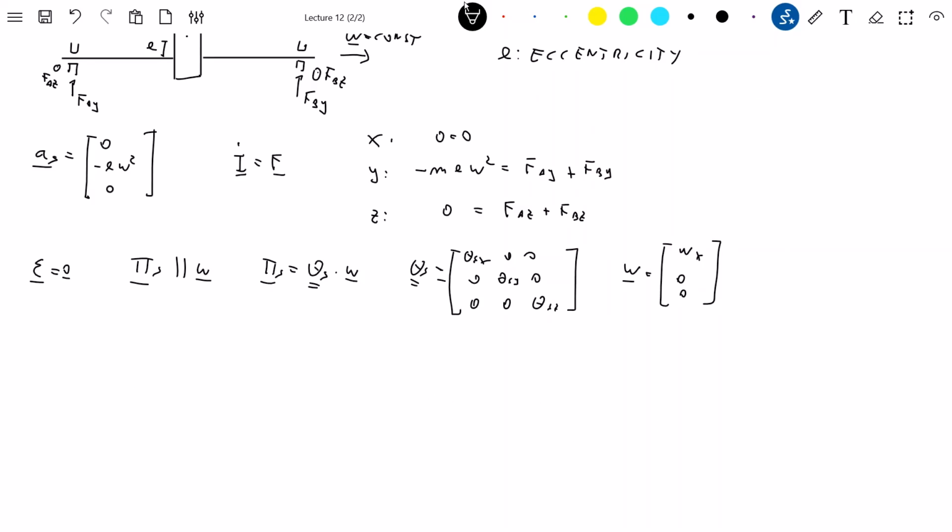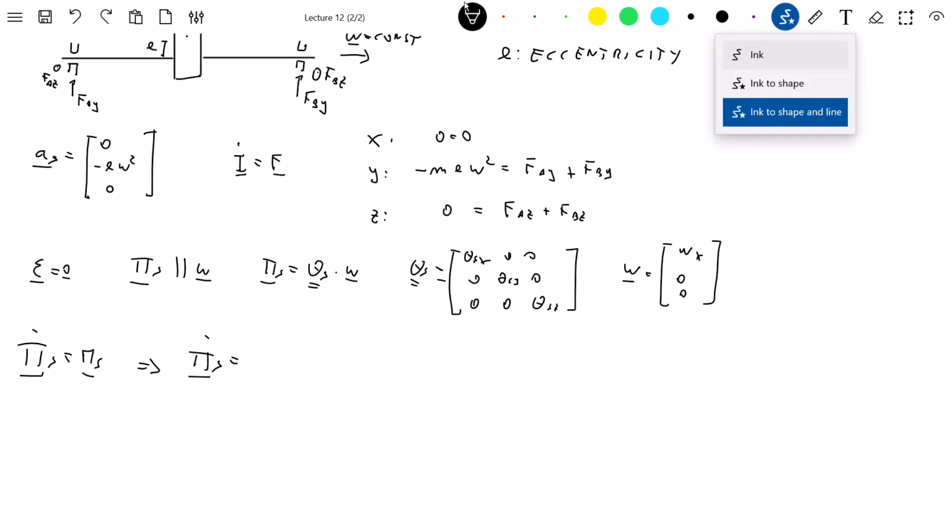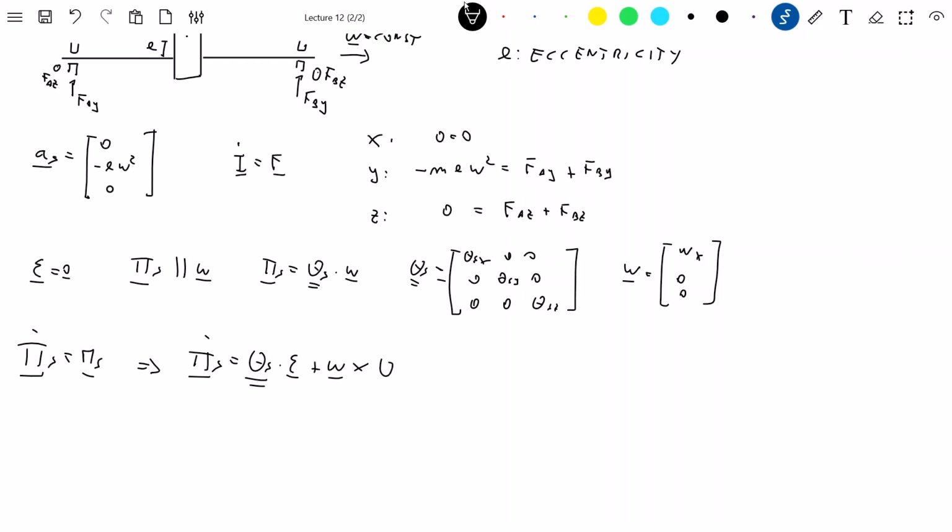But if we compute the derivative of pi_S, we have that pi_S dot, which is equal to M_S, is equal to theta_S times epsilon plus omega cross product theta_S times omega, and this is equal to M_S.